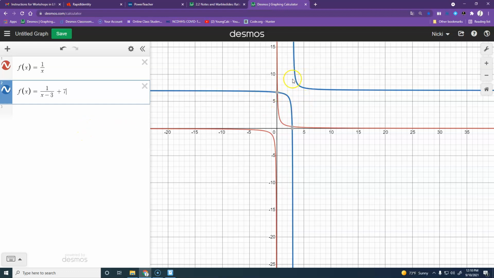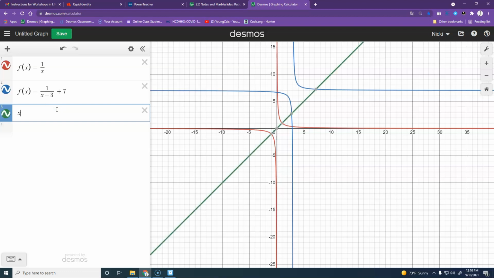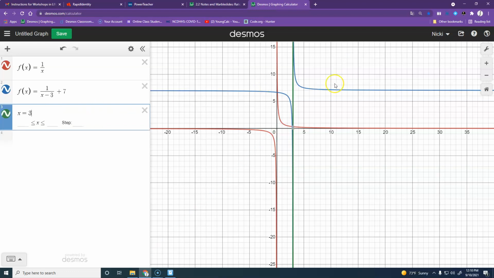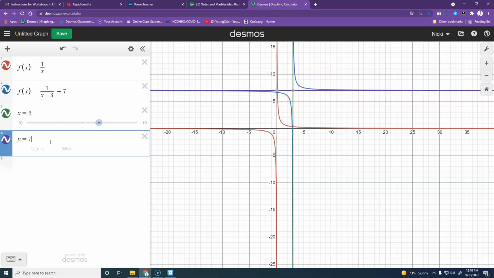So if I put x equals 3 here, you can see that's the vertical asymptote that's moved over. y equals 7, that's the horizontal asymptote. So whenever you move it up or down, that's going to affect your horizontal asymptote.